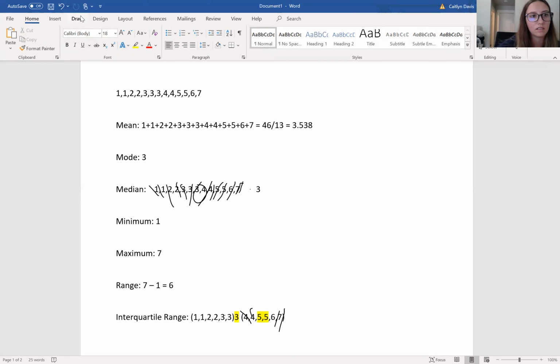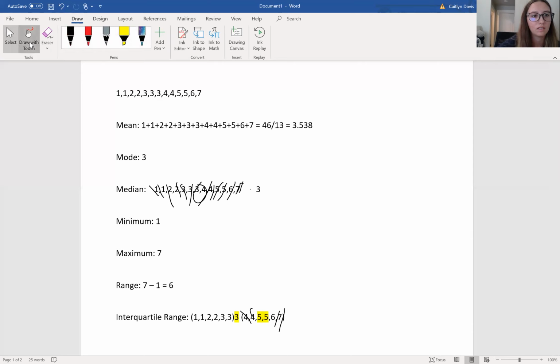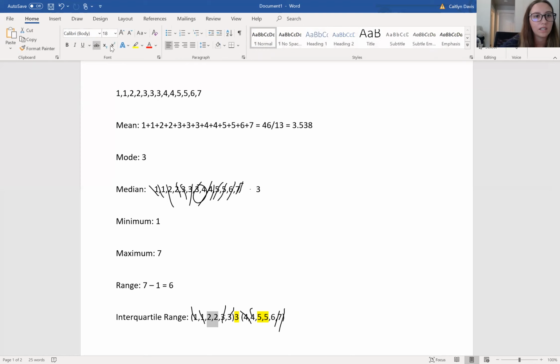And then on this end, we will take 1 out, take 3 out, take 1 out, take 3 out, which will leave us with these two 2s. Now, because they're the same numbers on both ends, we don't need to divide them out and find the average of those two because they're just the same numbers. So for our interquartile range, it'll be 5 minus 2, which will equal 3.